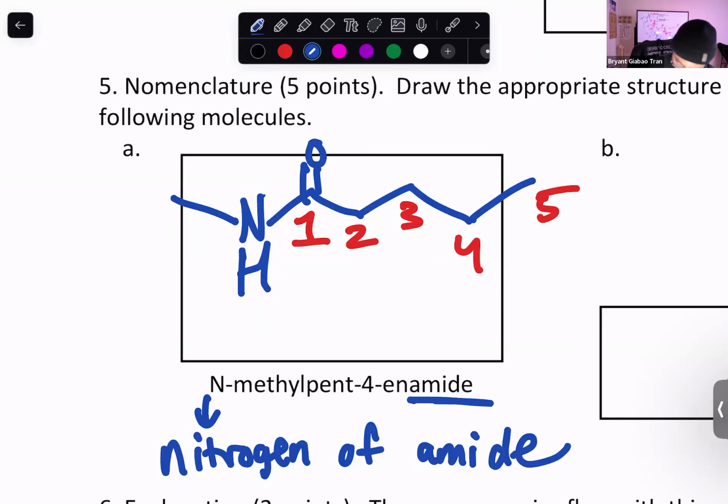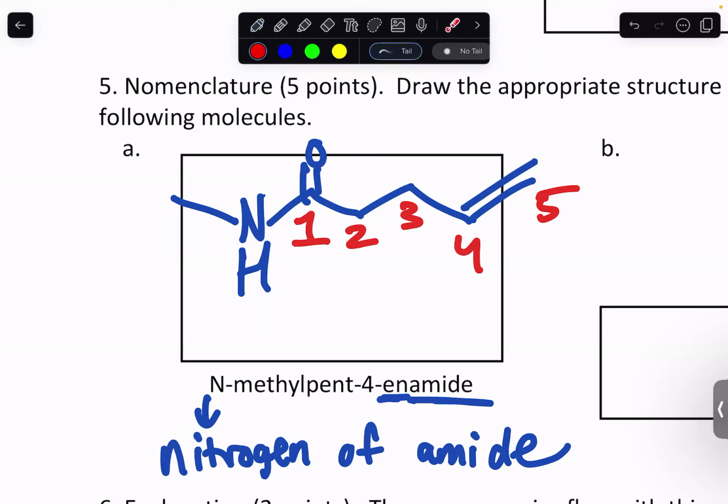And then on the 4th, I don't know what the EN stands for. Think of it as alkene. Yeah, alkene. So this can be an alkene starting at carbon 4, like that.